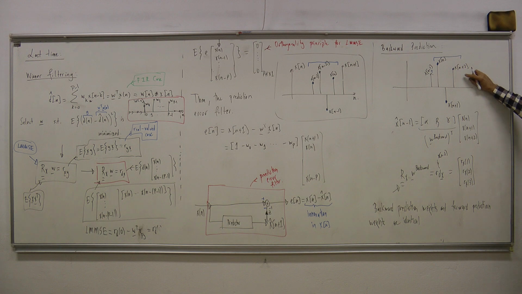If you want to predict in the forward direction or the backward direction, nothing changes. So how can this be? Is this meaningful, first of all? If I go towards the future or towards the past, the predictor doesn't change. So we have such a result. What's the meaning of this? How can I interpret this?